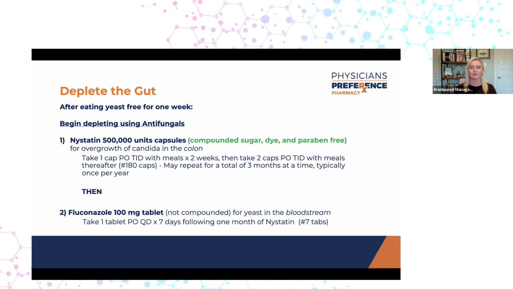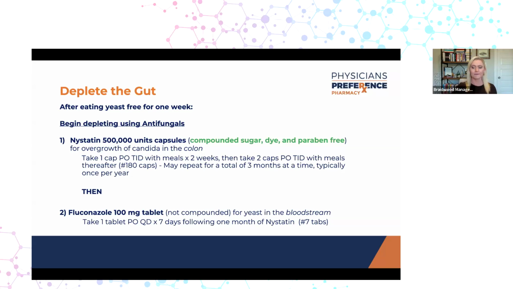In my clinical experience, what I see is that if people start it all at one time, they have the perception that side effects, which usually are yeast die-off, are side effects of the hormones. And then they'll self-discontinue the hormones. So I like them to start hormones right away, start eating yeast-free, give it a couple weeks. Once they've eaten yeast-free for at least a whole week, then they can start into nystatin. And I'm about to show you the stepwise fashion of how we integrate these compounds.